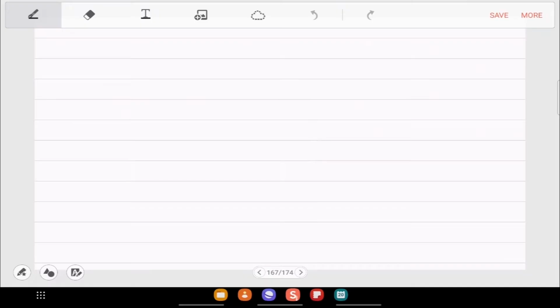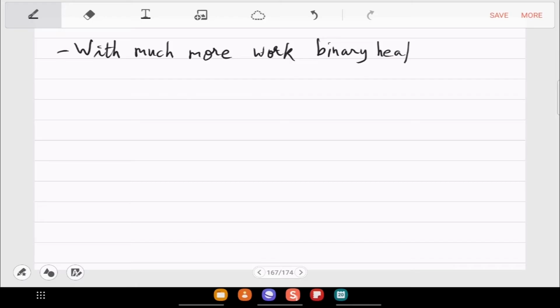Something that we will not do in this course is a much better heap than the heap that you just saw. So with much more work, what we just did is called a binary heap. This is the basic binary heap.